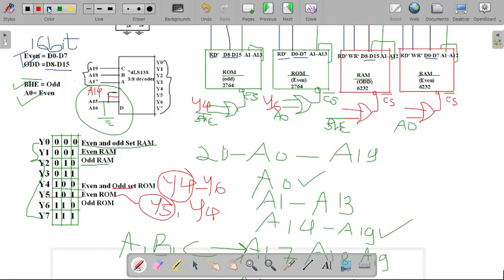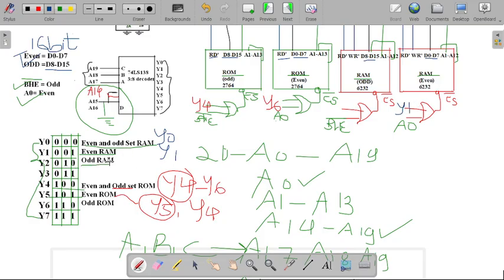Now I have to connect here the RAM structure. So for the RAM, the even and odd sets will be there. Y0 will be used for the even structure, as well as Y1 for our even structure. So out of those two lines, suppose I am selecting Y1. So Y1 will be given to our even RAM.